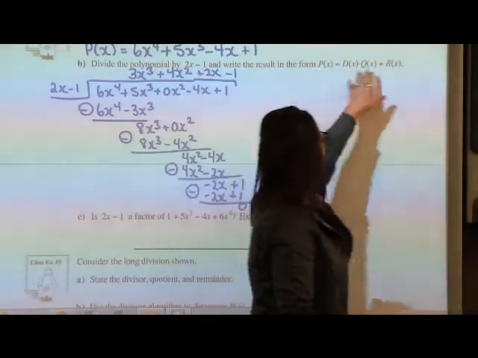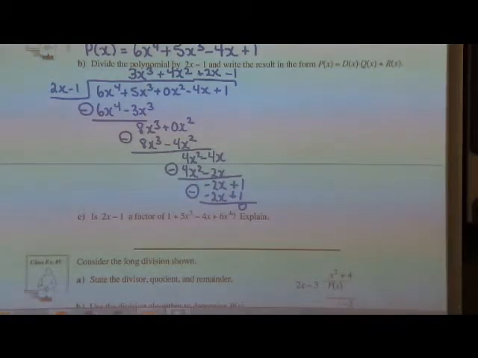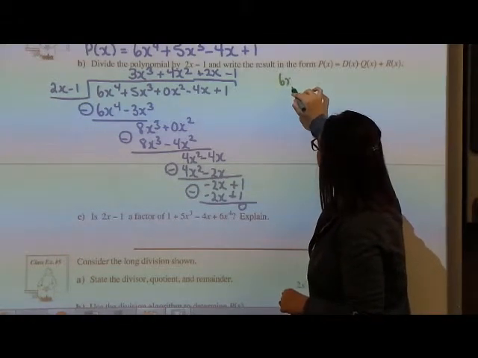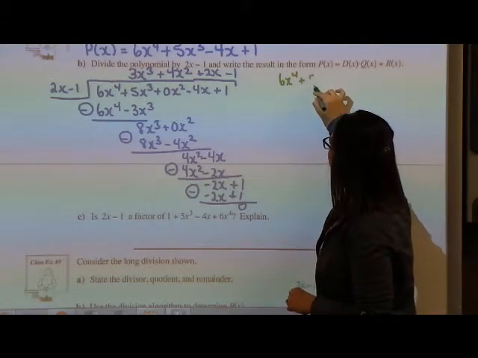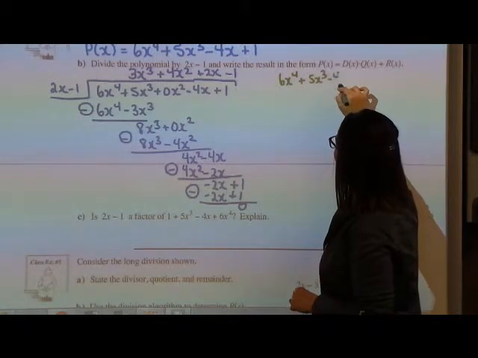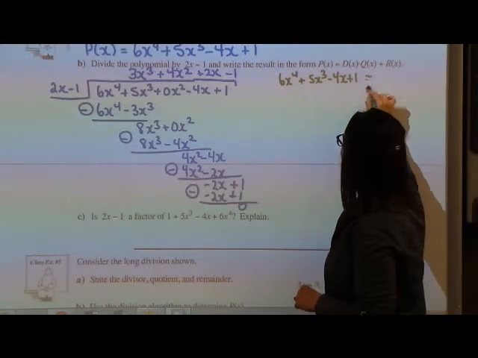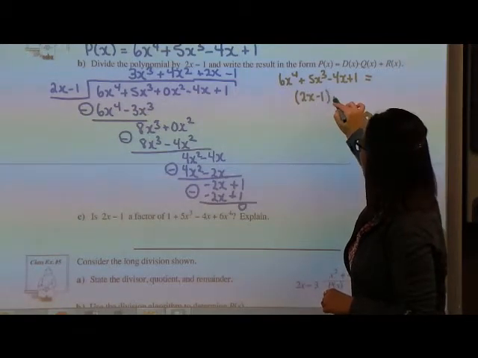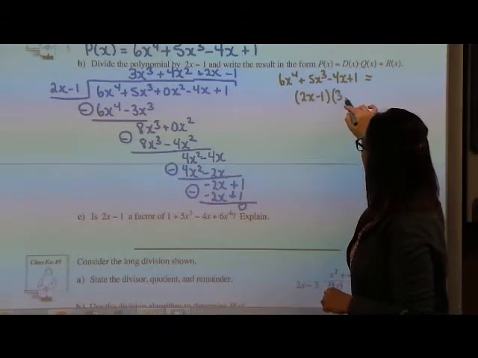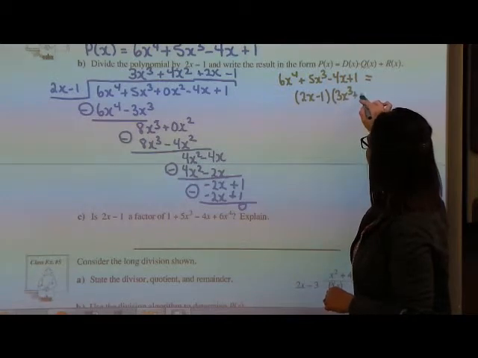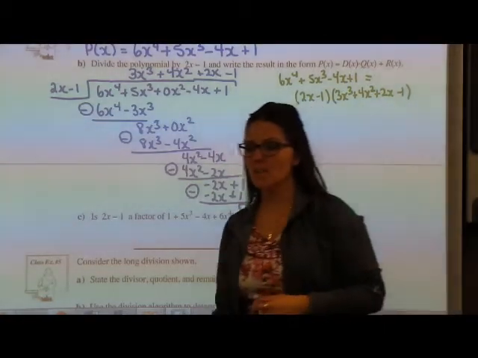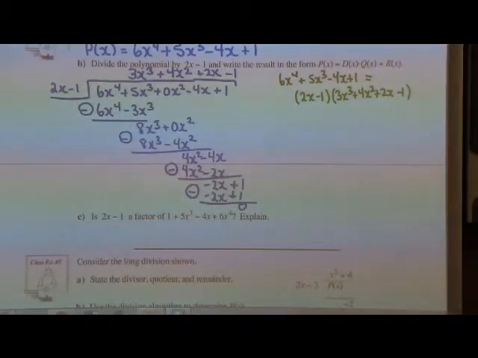So now if I write the polynomial in the form of the division algorithm, I get 6x to the power 4 plus 5x cubed minus 4x plus 1 equals the divisor, which is 2x minus 1, times the quotient, 3x cubed plus 4x squared plus 2x minus 1, plus the remainder, which is 0, and I don't need to put that in.